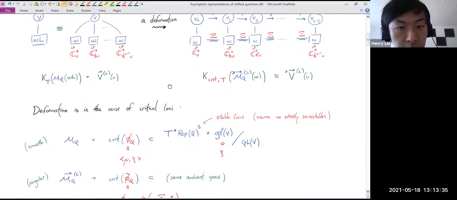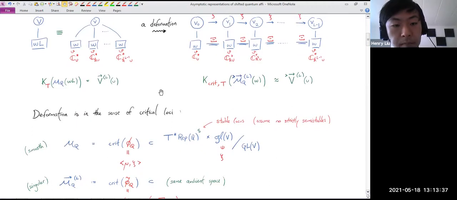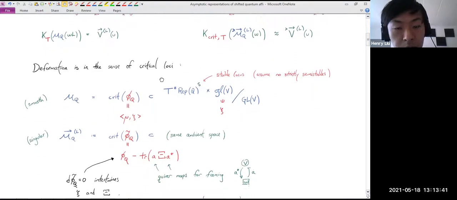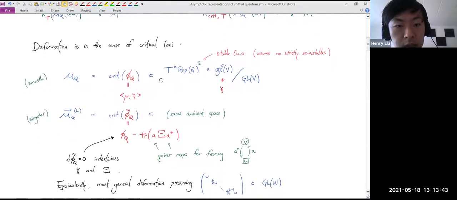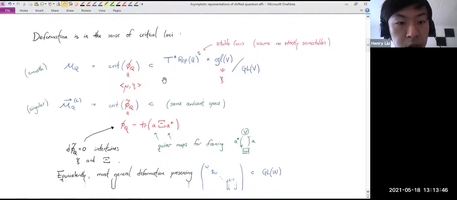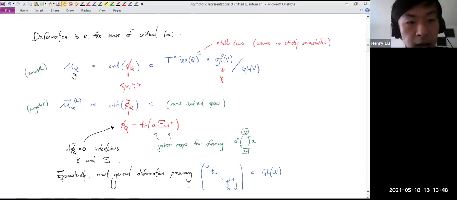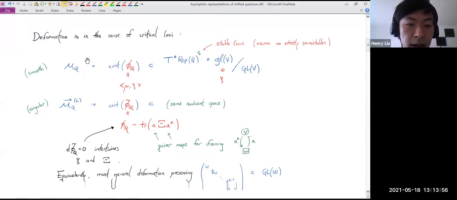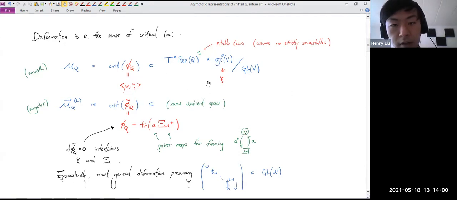So like I said, the way we do the small deformation is in the sense of critical loci. I think it's a good exercise to check that if you start with the usual Nakajima quiver variety, you can actually write it as a critical locus for a certain function on this space, which I've written here.